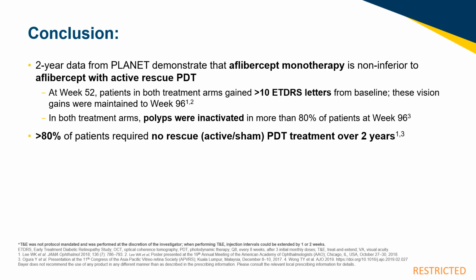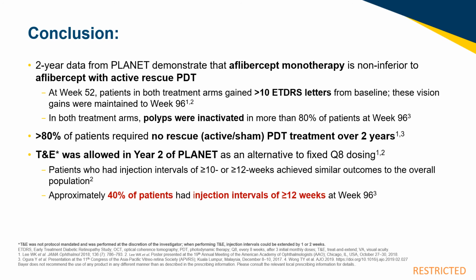More than 80% of the patients required no rescue PDT, and treat and extend was allowed in year 2 of PLANET. They found that 40% of the patients can have an injection interval of 12 weeks or longer in year 2.